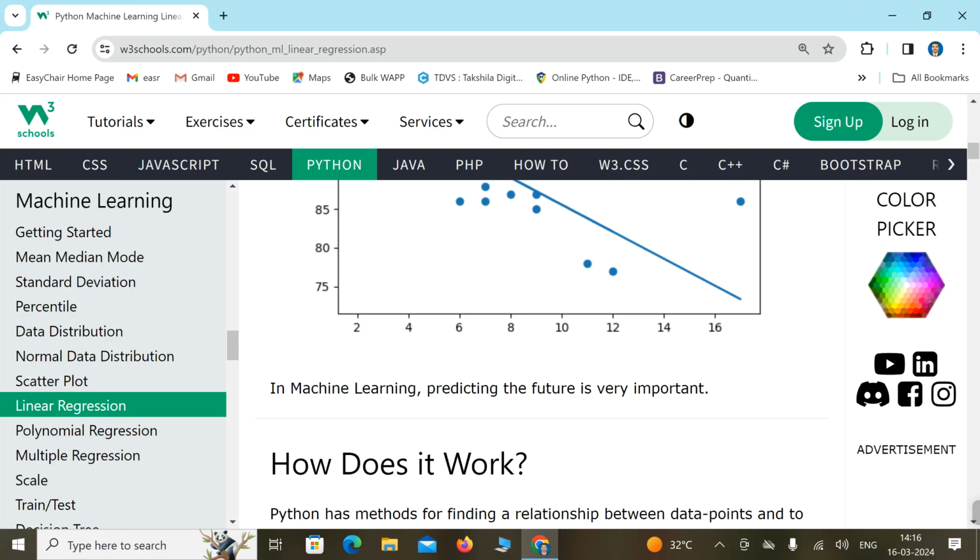So linear regression is also one important factor which will predict the future based on the currently available data set. Let me give a simple example to prove my discussion.